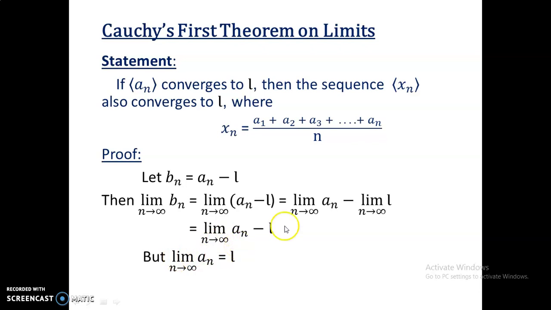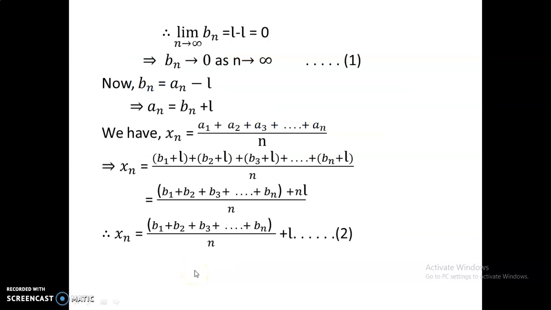But the limit of a_n is L as n approaches infinity, so b_n becomes L - L = 0. That implies b_n tends to 0 as n approaches infinity. We call it equation 1.